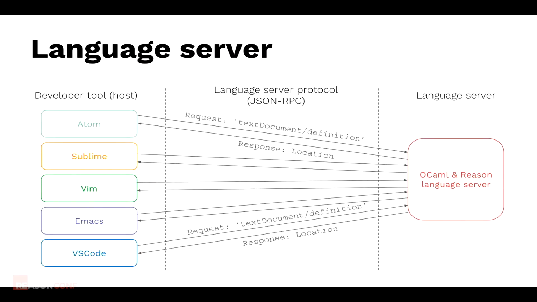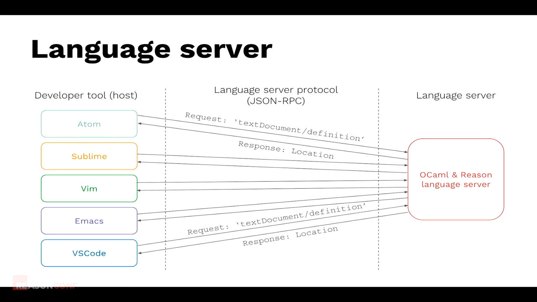So the language server architecture is like this if you look at it from the editor point of view. We have all these 5 editors, and there's a protocol called the language server protocol. We will briefly talk about this, but essentially there's a unified interface for all the editors to communicate with the OCaml language server.